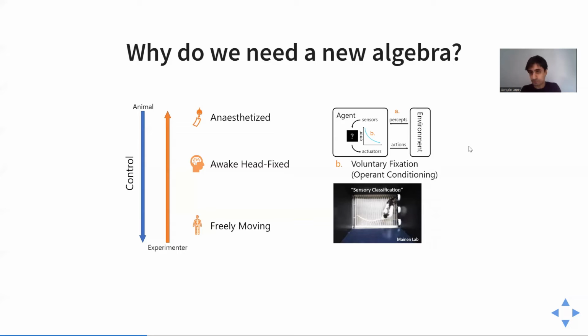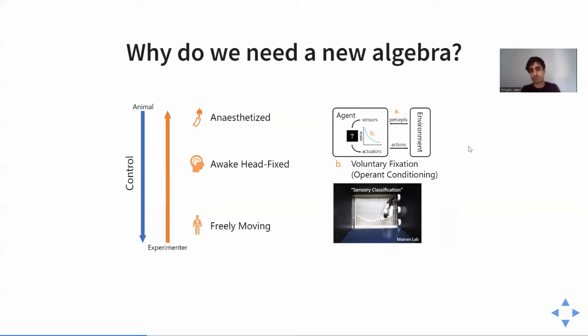Another strategy that has proved very fruitful is controlling the utility function, the motivation of animals to engage in tasks that disentangle choice. For example, we call it operant conditioning tasks, and the idea here is that we set up conditions in the environment where certain rules apply, linking perception and action.